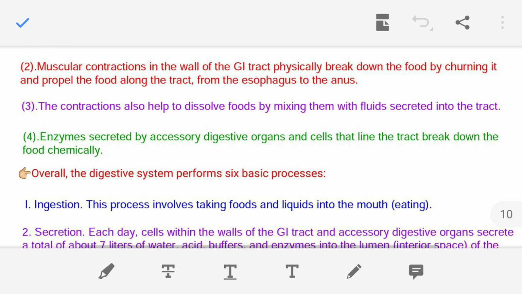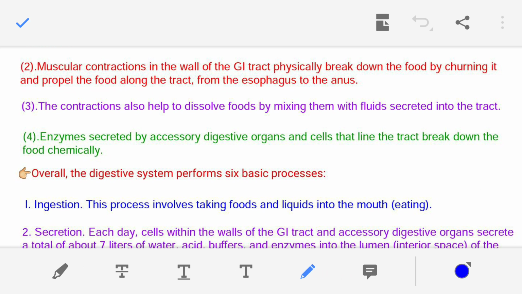Now the third point, the contraction of the GI tract smooth muscles also helps to dissolve the food with the fluid secreted into the GI tract.